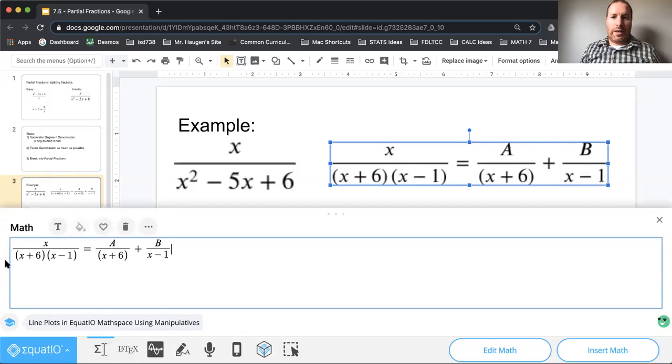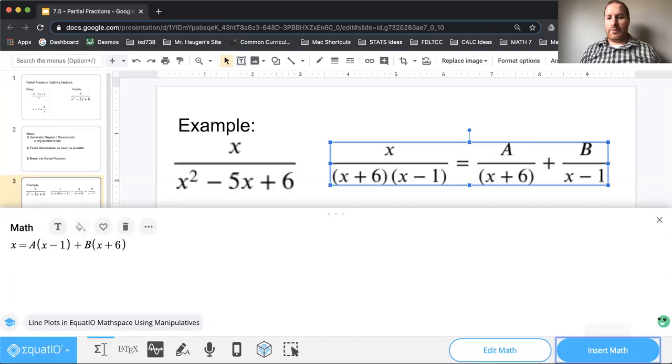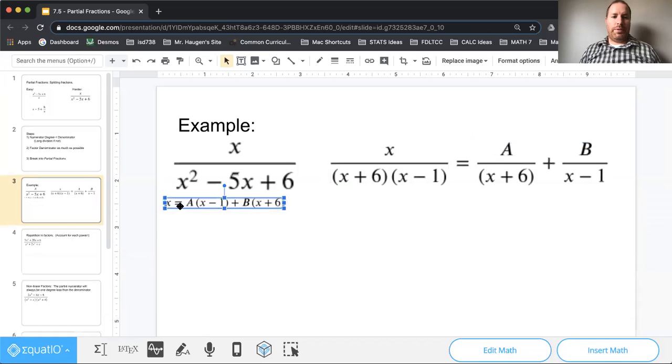Multiplying the first part by that cancels its denominator, and we get x minus 1 left over there. Multiplying the second part by x plus 6 and x minus 1 cancels part of it, and we're left with the x plus 6 part. This is the key piece in solving it.